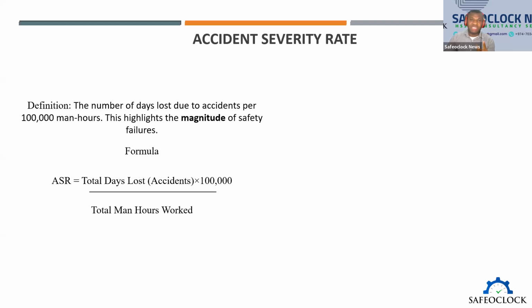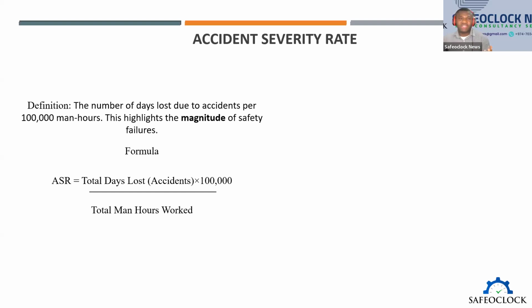Then accident severity rate. The first one we looked at is frequency rate, but this one now is severity rate. Severity, from our basic knowledge of safety, talks about the level of impact that a hazardous event has had, or in this case, that the accident has brought upon the company. The level of impact is what we refer to as severity.